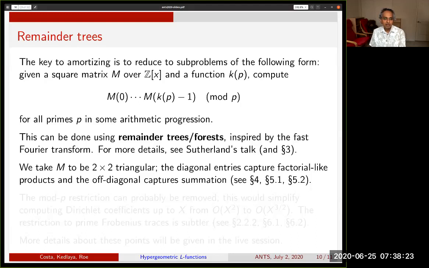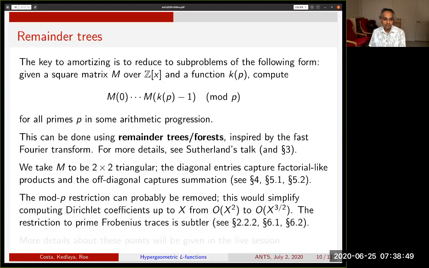Let me just say here that in our situation, the matrix M is relatively simple. It's a 2x2 triangular matrix whose diagonal entries are being used to capture the factorial-like products, the Pochhammer symbols appearing in the formula. And the off diagonal is being used to capture the summation over parameters. So because this is a 2x2 matrix, this ends up being quite an efficient use of the remainder tree technique.